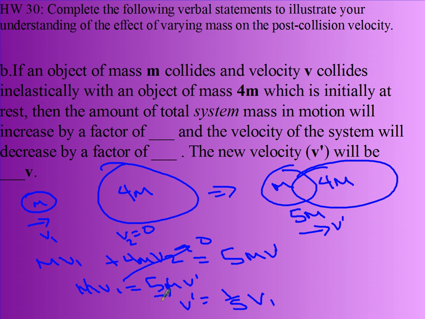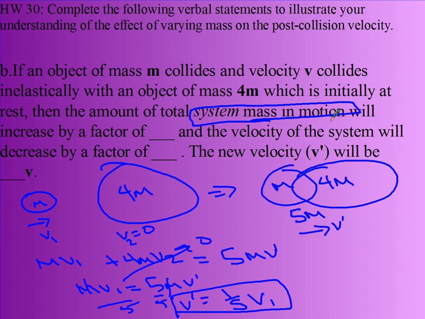All I did was divide through by 5 here. The total system mass in motion is going to increase from m to 5m. Now this is just what's in motion, because the whole system mass actually doesn't change. So this increases by a factor of 5, and the new velocity decreases by a factor of 5, to 1/5 the original velocity.